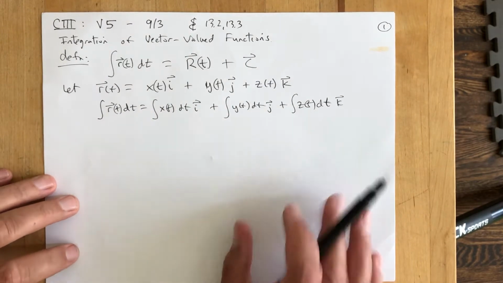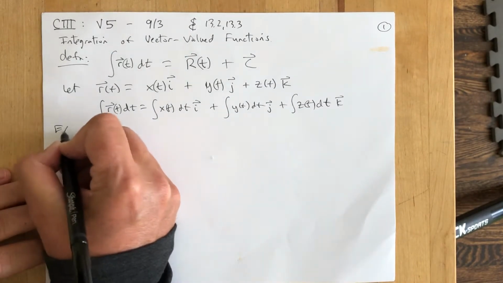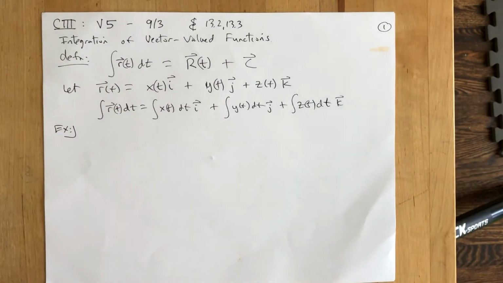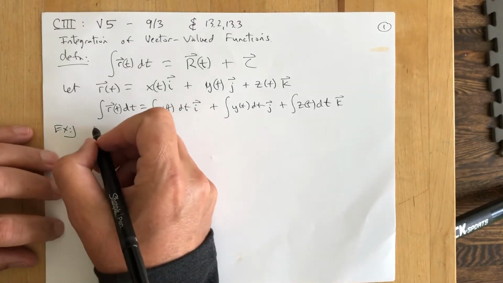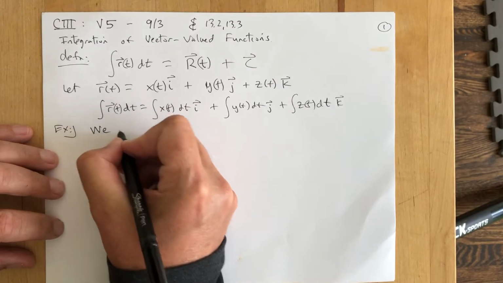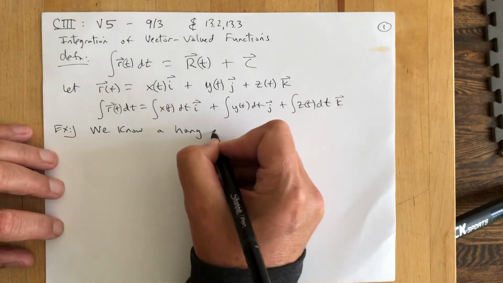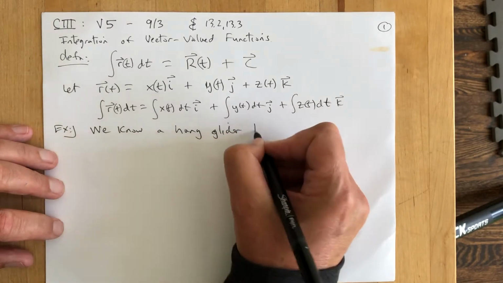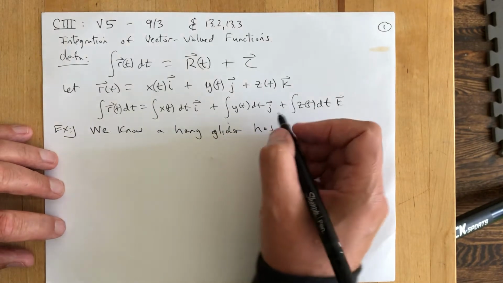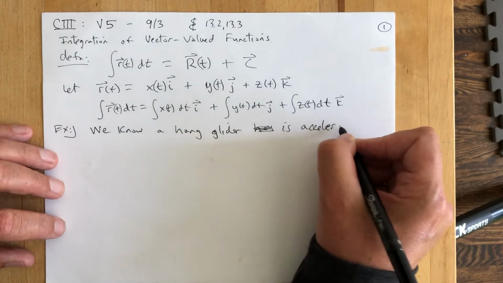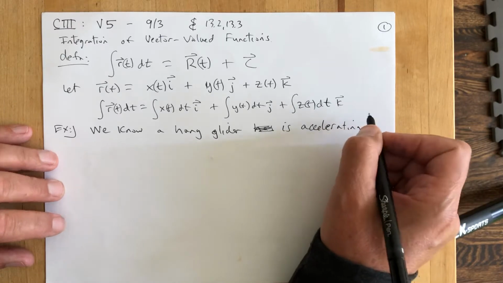Okay. So here's one of those awesome real world math examples that gets us to where we want to go. We're talking about hang gliding. So we know a hang glider is accelerating.